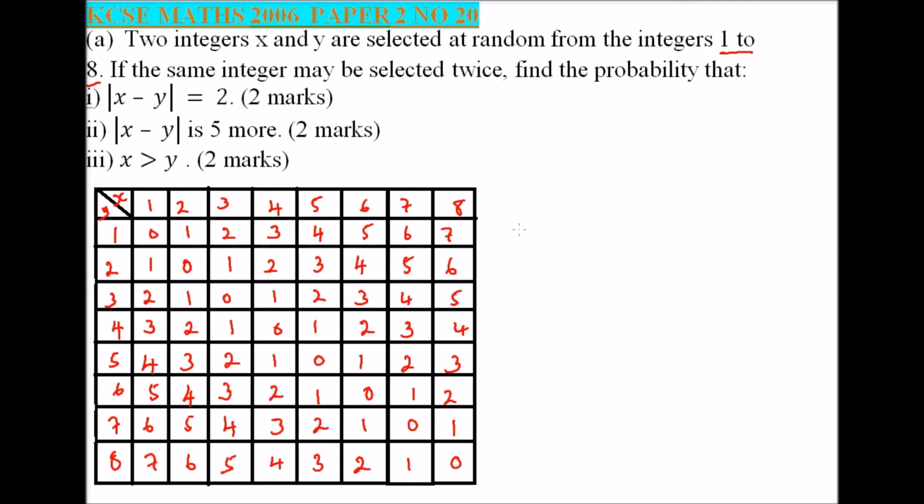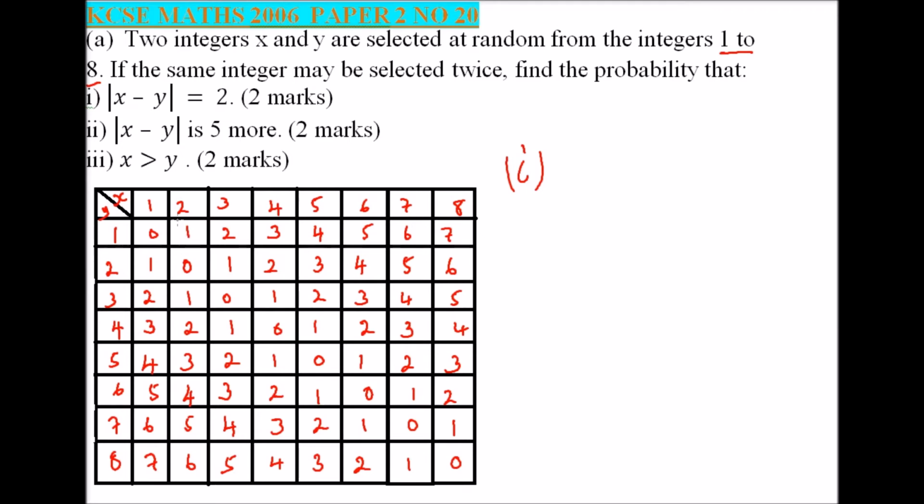So with that, we can now answer Roman number 1, and we say x minus y is 2. If you count the total number, excluding the values of x and y, they all total to 64.